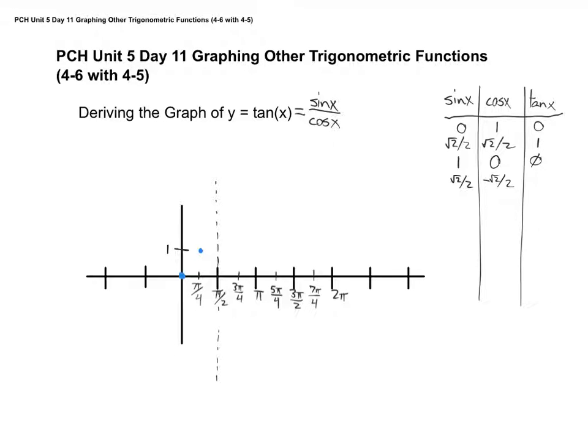So, Susie, what's our tangent of 3 pi over 4? It's sine divided by cosine. Negative 1, very good. Okay, so now we have another point here, negative 1.